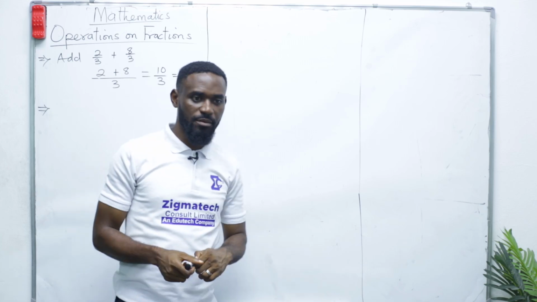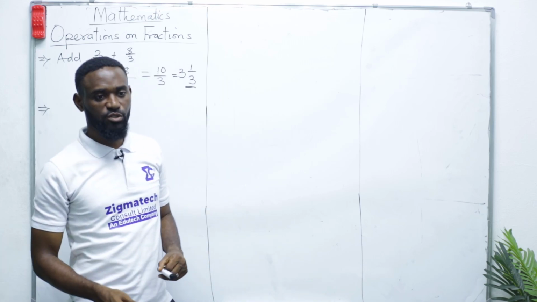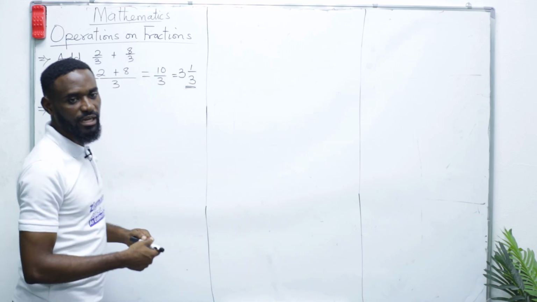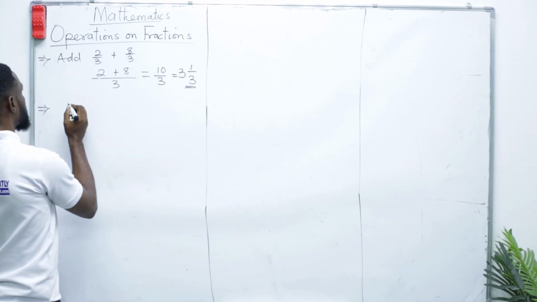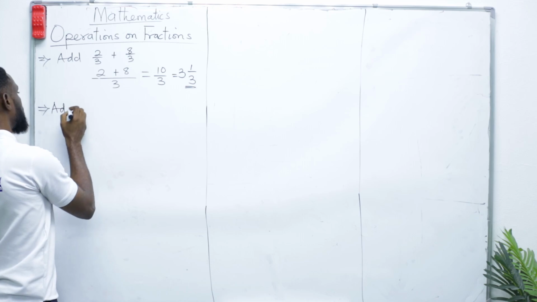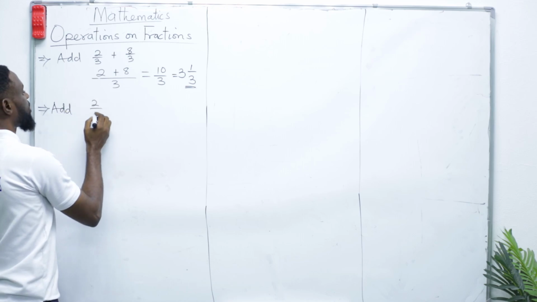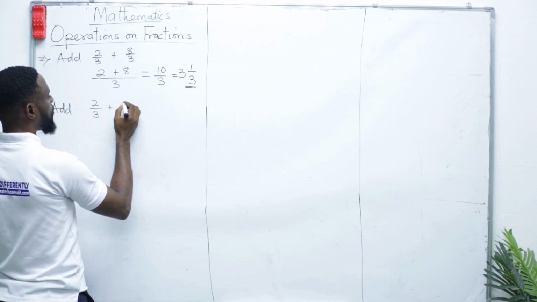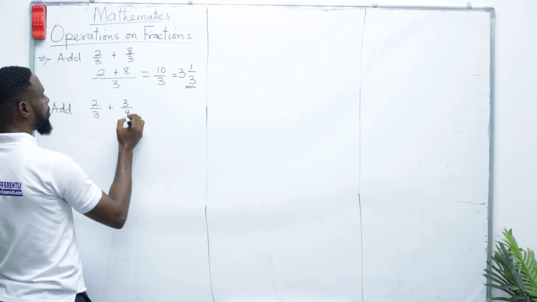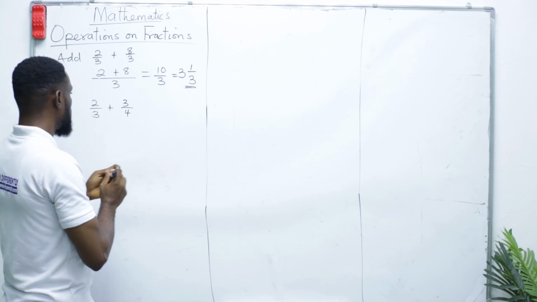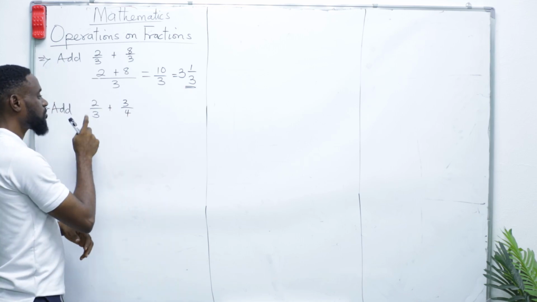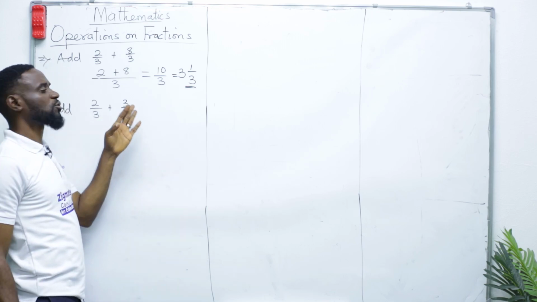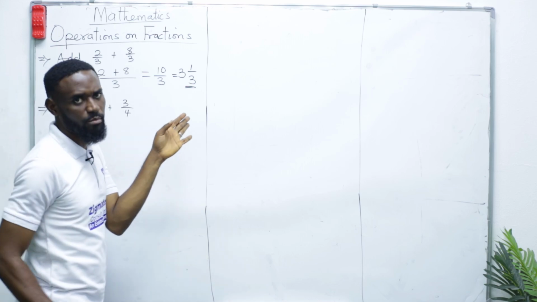The next one is adding fractions with different denominators. Like we have 2/3. We still have to add 2/3 plus 3/4. Now, in this case, we have 3 and 4 as denominators of these two fractions, and they are not the same numbers.